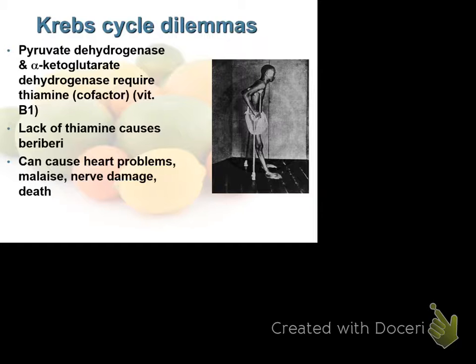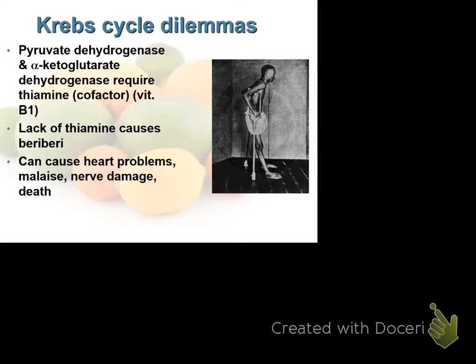And why does it make sense then that they would have some of these phenotypes: heart problems, malaise, so lack of energy, nerve damage, and you can eventually die from it? Why would that make sense? They don't have enough energy because... Right, their citric acid cycle is just decreased. And that's because thiamine, which is one of the cofactors of the pyruvate dehydrogenase complex, which was also on the quiz today, is derived from vitamin B1.